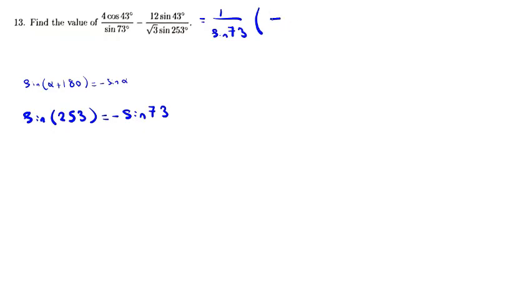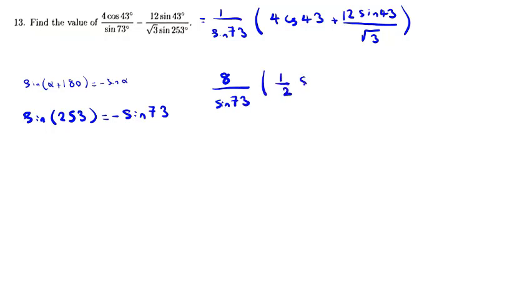So it will be 4 cos 43. Negative, negative, negative, positive, plus 12 over, yes, sine 43 over root 3. Now, we factor from 8 here. It will be 8 sine 73, here 1 over 2 cos 43.